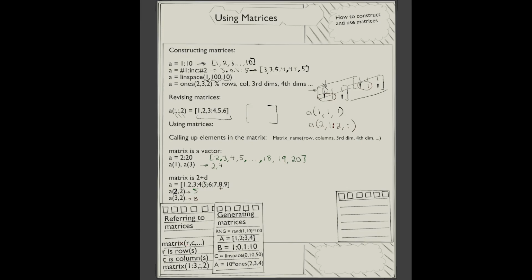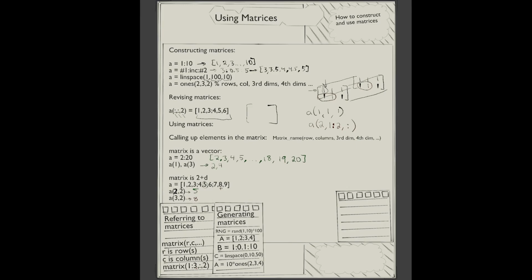So in summary, referring to matrices, you have the matrix of the row, the column, and however many following that. You can have third dimension, fourth dimension, fifth dimension, and so on. R is the rows, C is the columns, and then you could have 1 colon 3 that spans all the rows 1, 2, and 3.